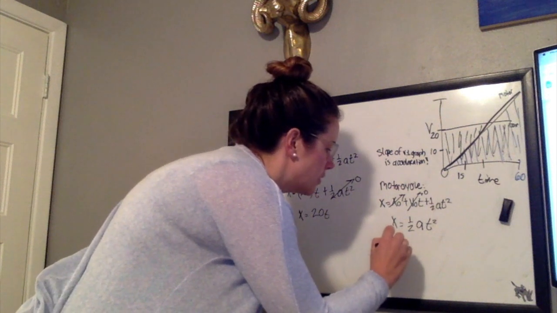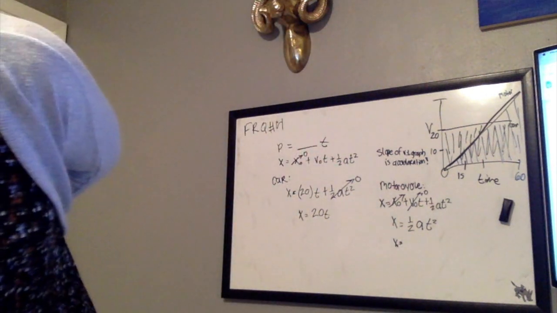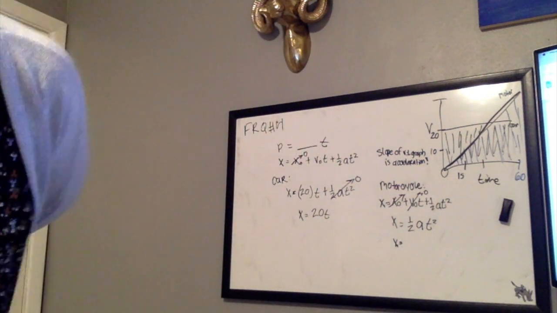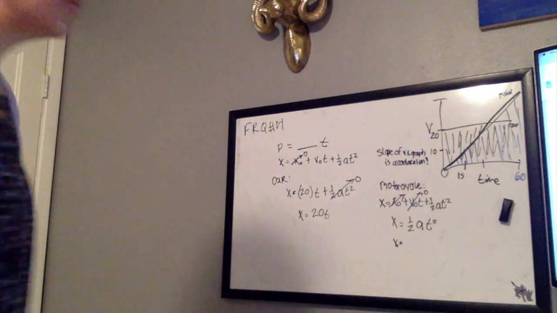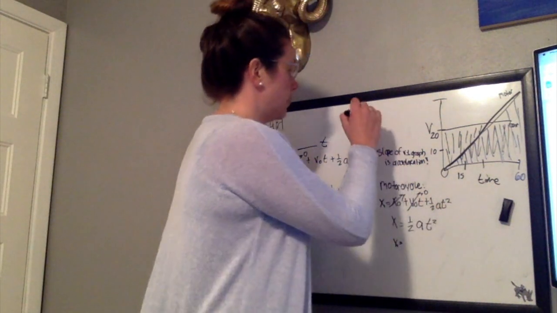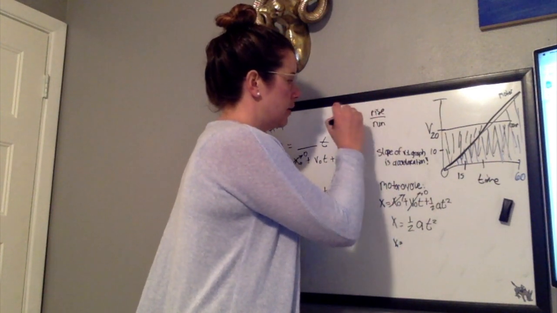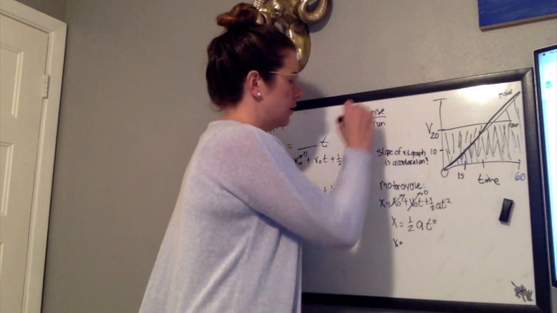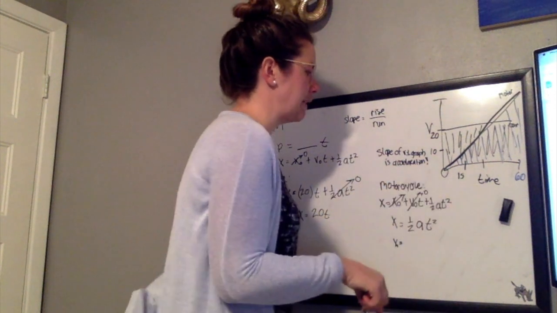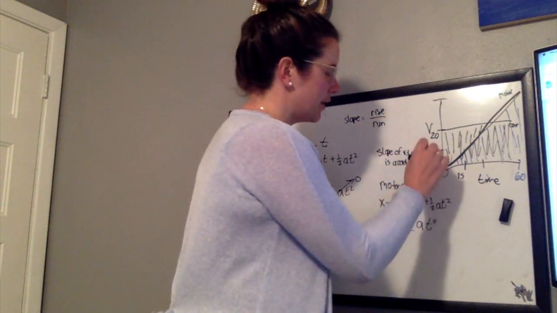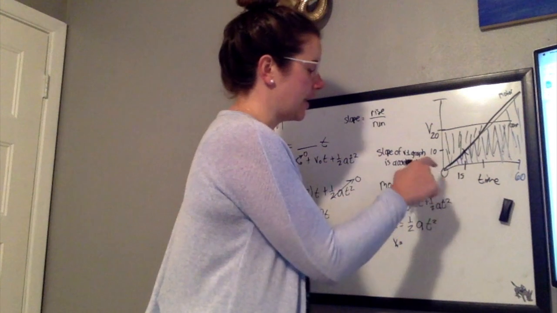You find your slope to be 2/3. So that's rise over run. Remember, slope is rise over run. I need to verify my numbers were correct on here. So the rise here, you can pick any point on your line.